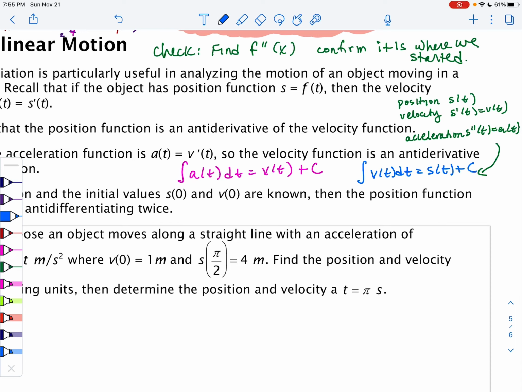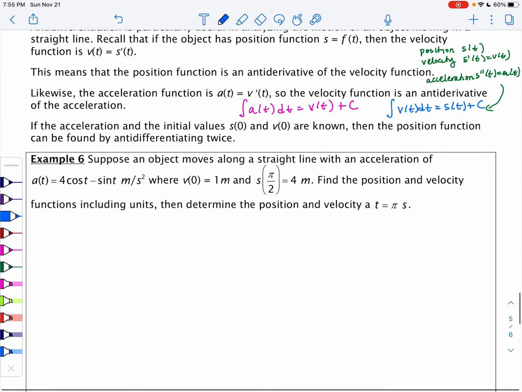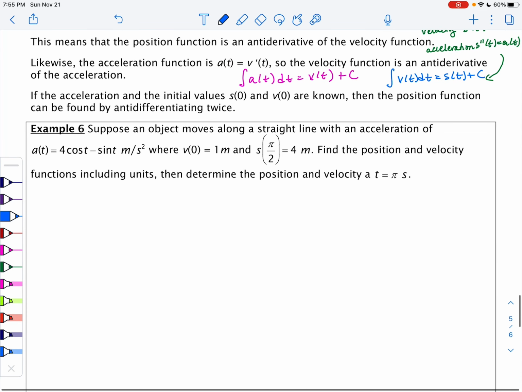So in a lot of our rectilinear motion problems, you might have two particular initial values so that you can find the exact position of the object at time t. So let's take a look at this example here.